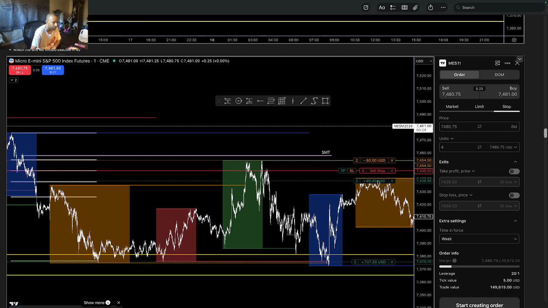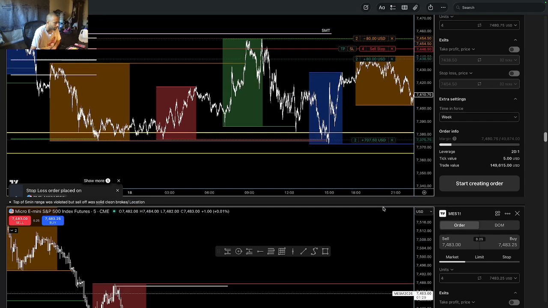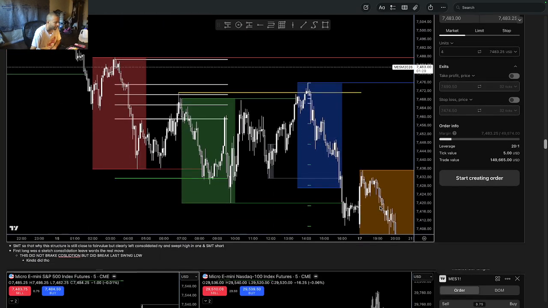See, but I think we actually took that in NQ though. SMT, so the structure is still close to the fair value, but clearly left consolidated. New York swept high, and so I think I'm saying in this.